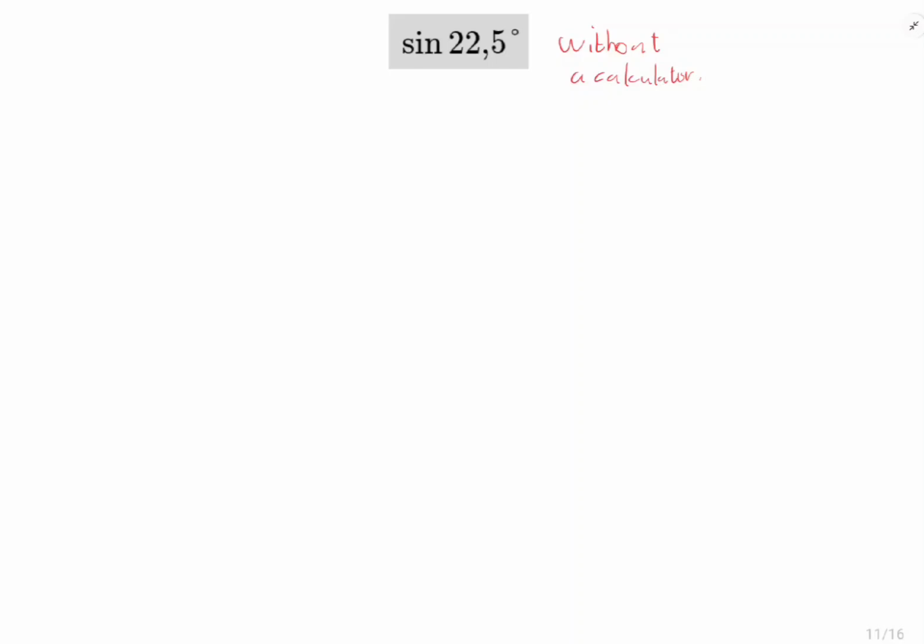First things first, is this a special angle? No. But let's try to multiply that angle by 2. Multiply by 2, so it's a double angle, essentially. It's 45 degrees. This is a special angle, right?